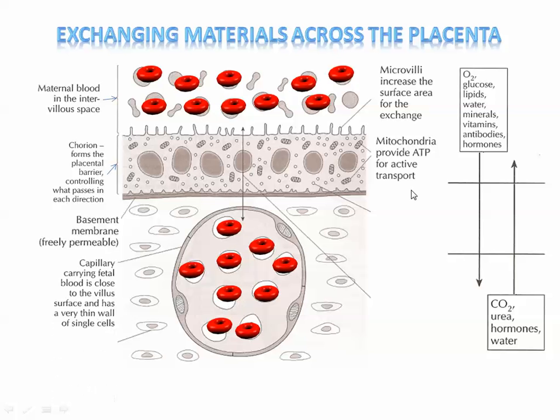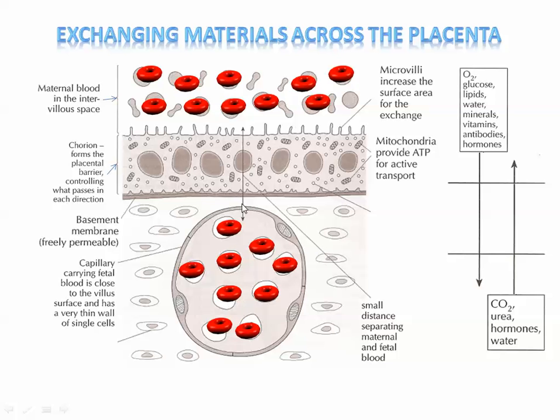Active transport by ATP. The capillary carrying fetal blood is very close to the villus surface, and then again very thin walls. So this actually reminds me of gas exchange, in the sense that walls are very thin and diffusion can happen readily and quickly in order to send things back and forth if we need to.